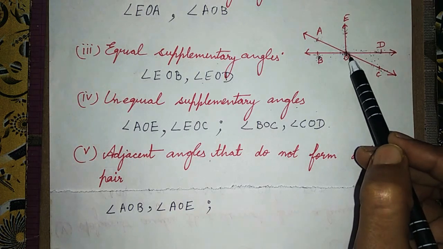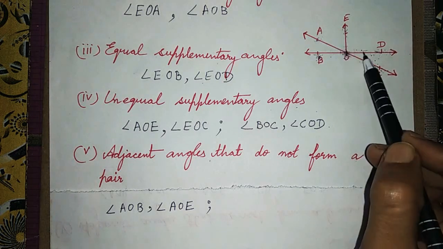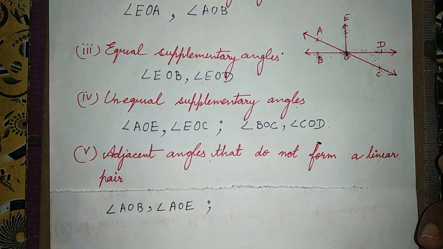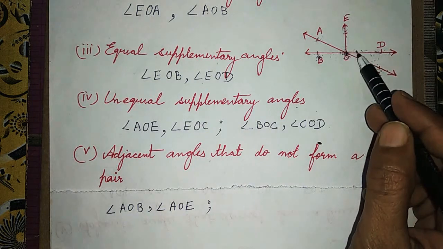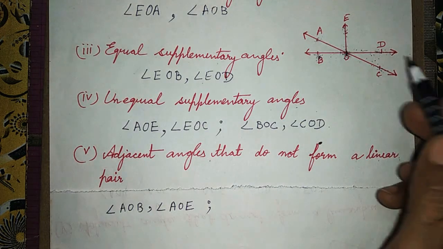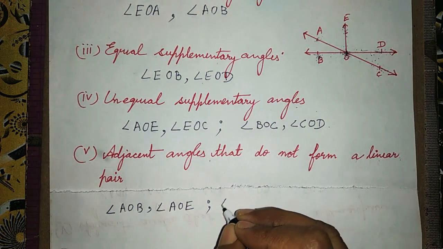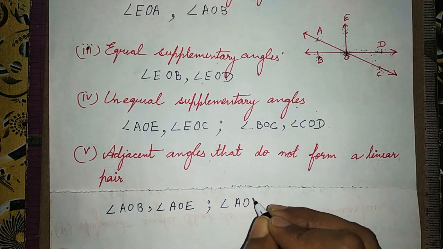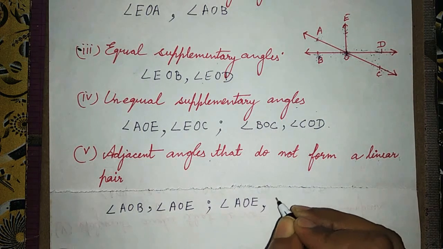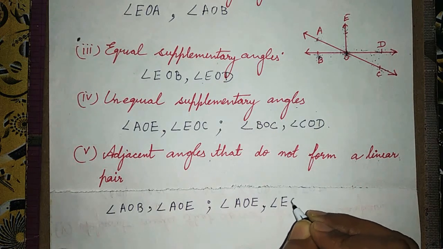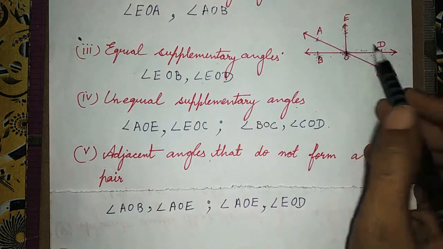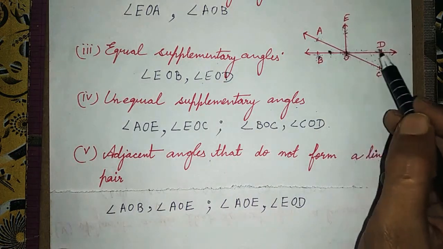So they are adjacent but they are not supplementary. They are not forming a linear pair. So we can take this pair for this part: angle AOE and angle EOD.